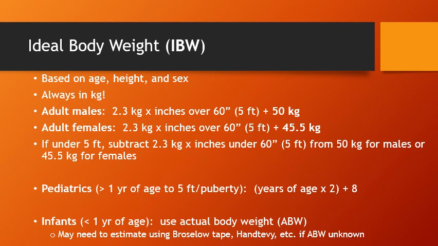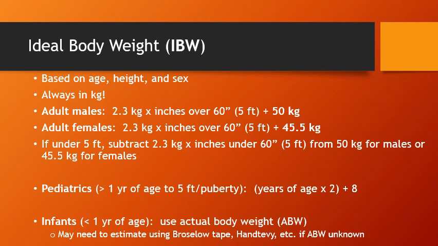We don't have to worry about that too often. The vast majority of adults that we take care of are going to be greater than 5 feet tall. But should they not be, then we're going to take 2.3 times the inches less than 60 that they are, and then subtract that from 50 kilograms if they're a male, or 45.5 kilograms if they're a female.